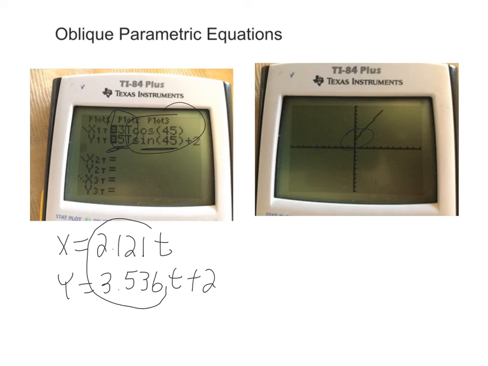These values right here, and you'll get this in another video, will help you define what the slope of your oblique line happens to be. But again, it starts at the point 0, 2.